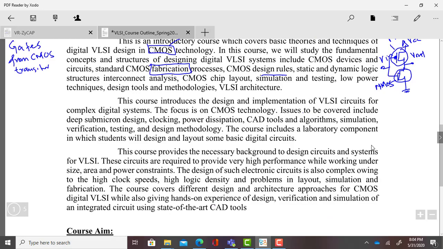We will also study how fast we can clock the circuit. What is the maximum frequency? You are always concerned about the maximum frequency when you buy your computer. You used to think that Pentium 4 is better than Pentium 1 because it has a higher clock frequency.